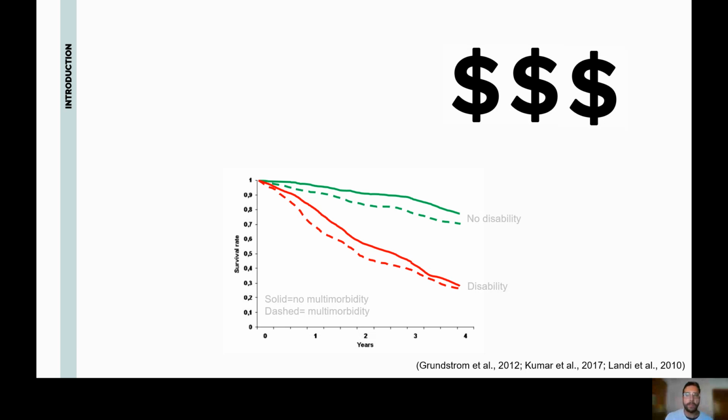The deterioration of functional capacity is one of the main hallmarks and negative consequences of aging. Notably, presenting functional limitations increases costs associated with falls and hospitalizations, and mortality risk to a greater extent than multimorbidity.